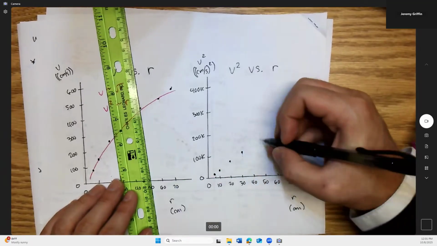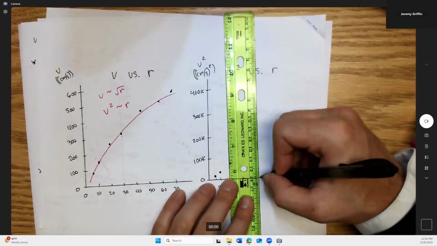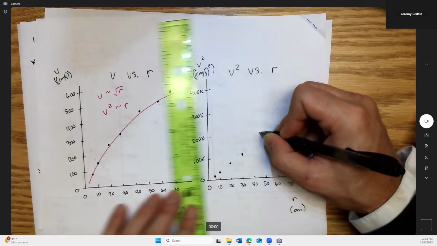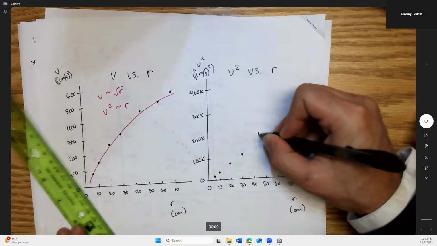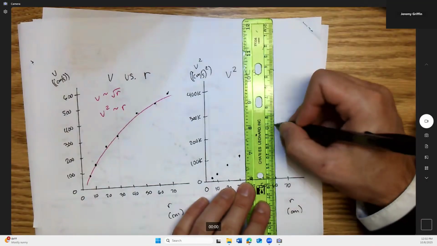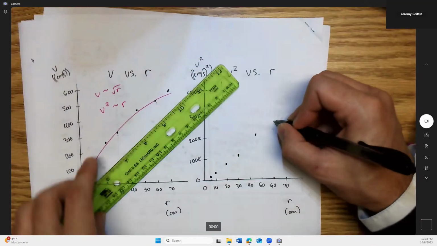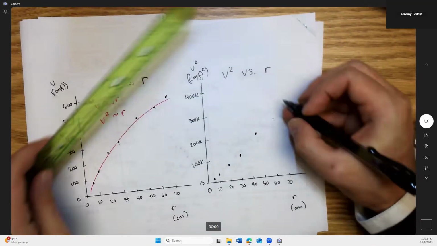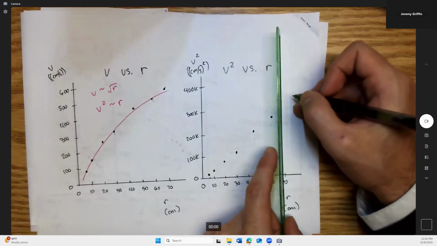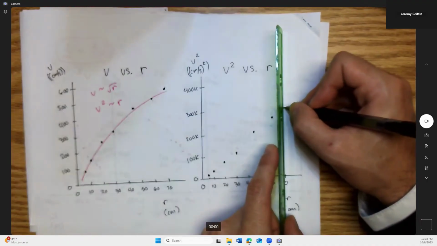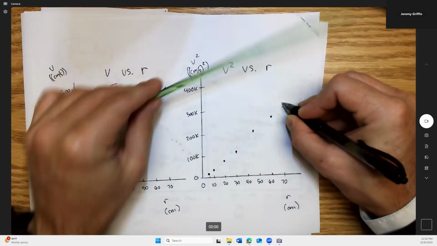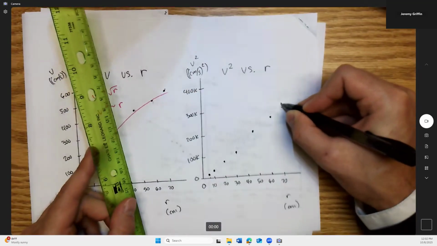Next point. 45 to 15... Next point. 60 to 72... Probably right there. And last point. 332. Right there.